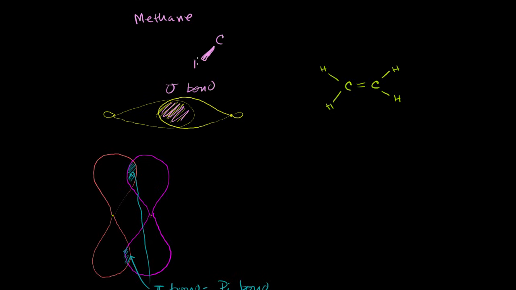This hydrogen is pointing out a little bit, this hydrogen is in the plane of the page, maybe that hydrogen is behind it, and then you have one hydrogen popping up. That's methane. And we saw that these were all sp3 hybridized orbitals around the carbon, and they each formed sigma bonds with each of the hydrogens. We saw that in the last video.